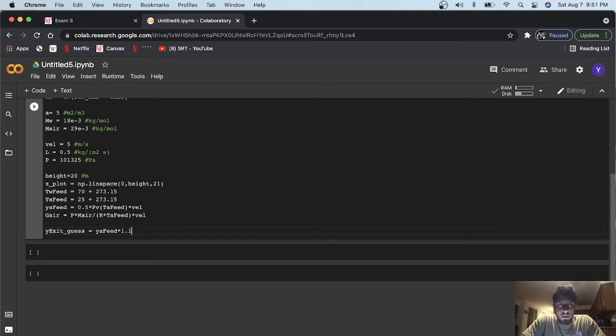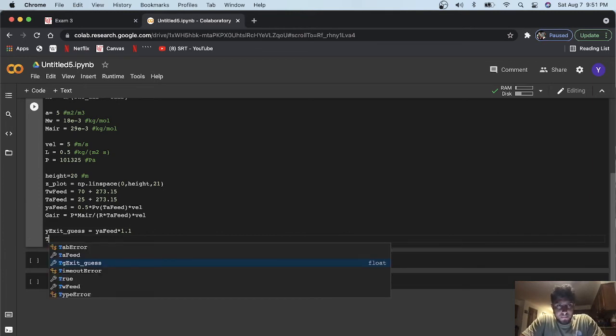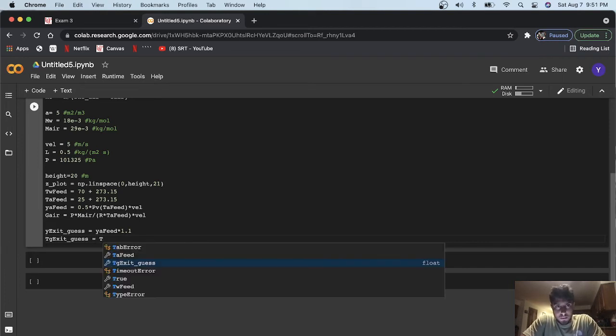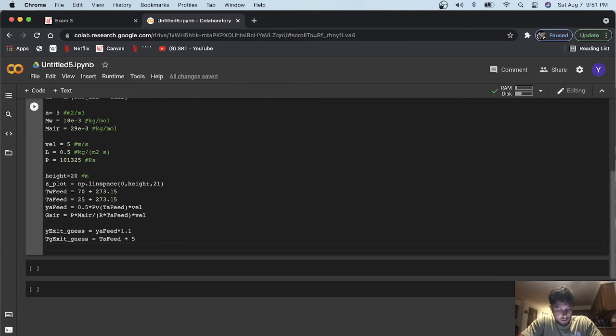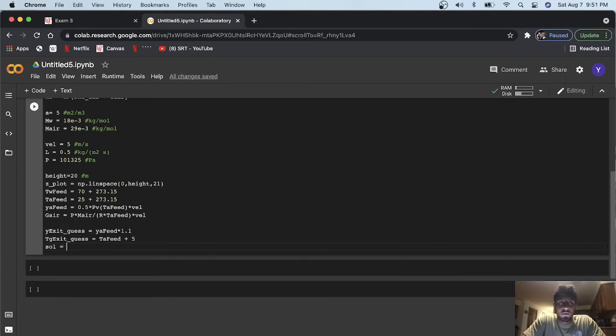We're just going to make a random guess of 1.1, and we're also going to be making a guess for the temperature of the gas leaving, which is the temperature of the air of the feed plus 5. That's going to be a guess. And we want to place a placeholder for the sol variable, because later on we're going to use it.